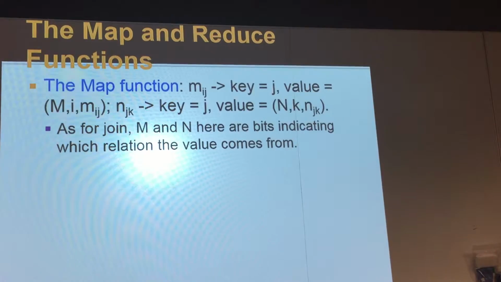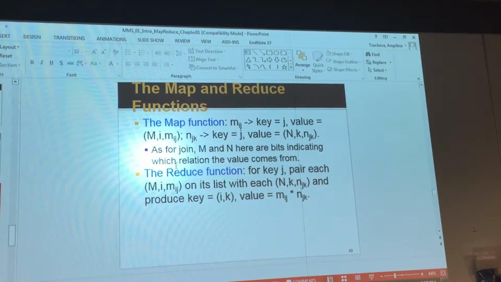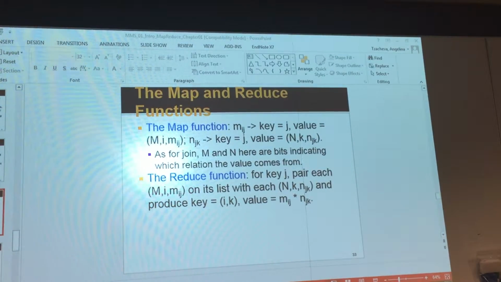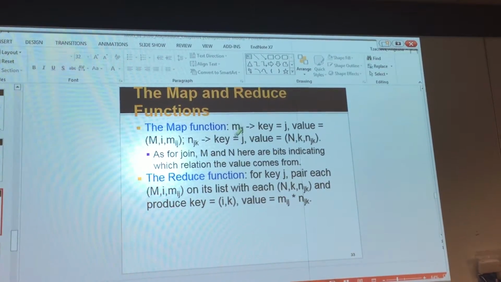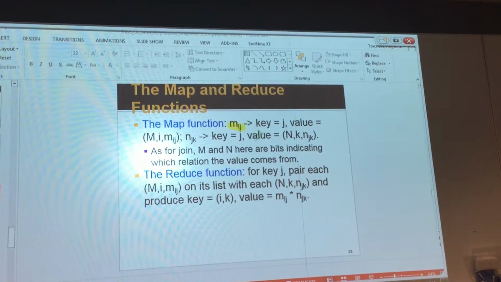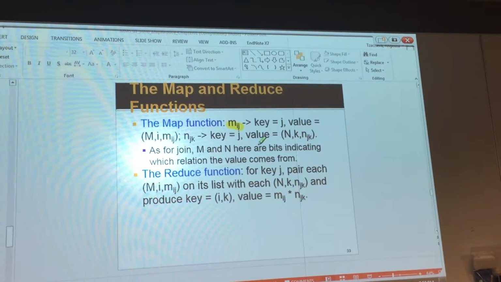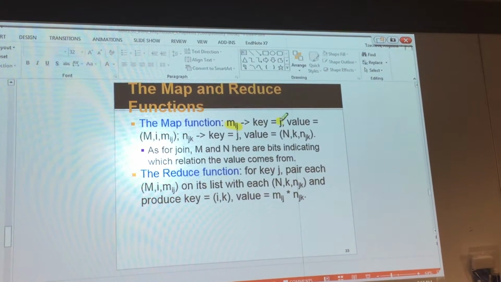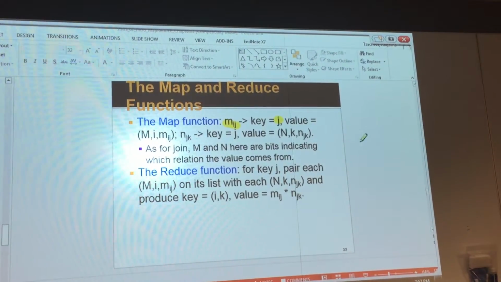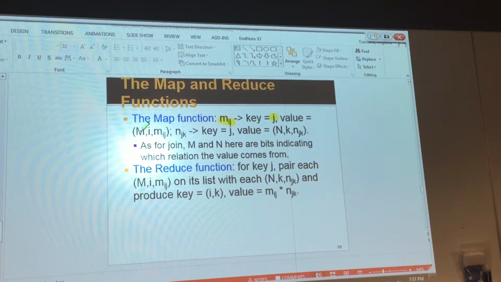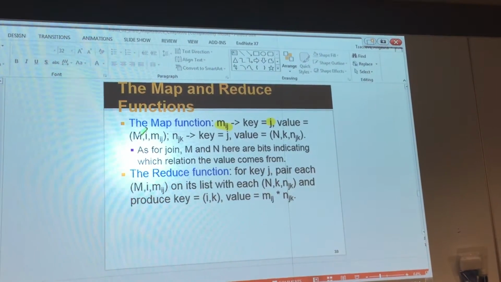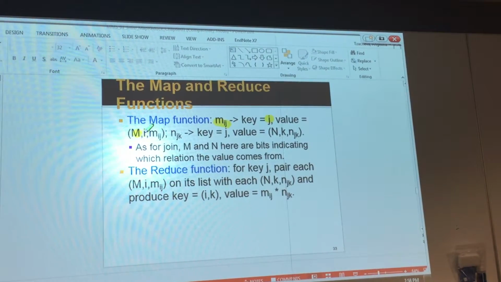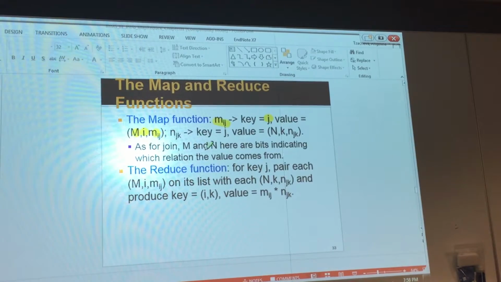So how is the map function going to look for multiplying these matrices? As a key, we will take one of the elements, in this case j, and then the value is the matrix it came from, i, and Mij.